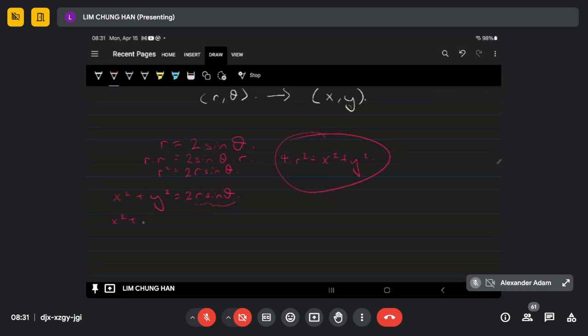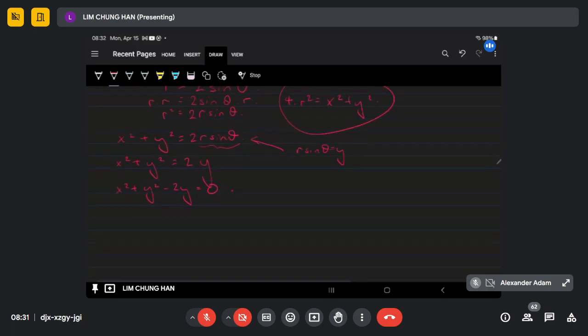Look back in your notes. Yes, it's y. I can't remember if it's number 1 or number 2, but r sine theta is y. So you can substitute r sine theta with y. That gives x squared plus y squared equals 2y. Then we bring everything to one side. That's what you get.